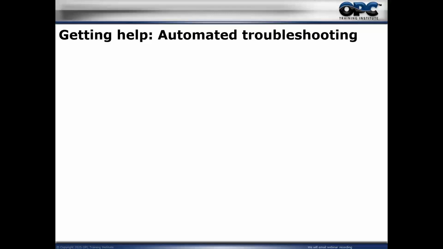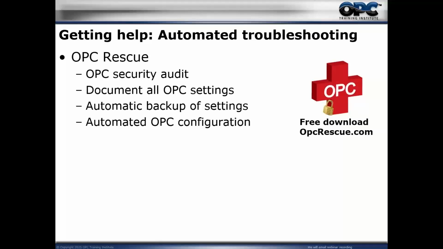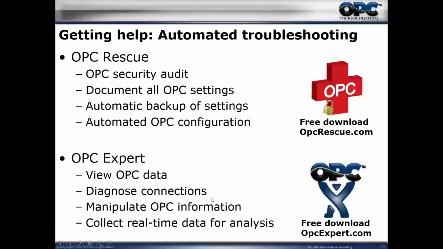So if you want to get automated troubleshooting help when you're connecting with OPC, whether it's OPC Classic or OPC UA: first of all, OPC Rescue is for OPC Classic, but if you want OPC UA and OPC DA, that would be OPC Expert. You can download this one for absolutely free and you can run it.